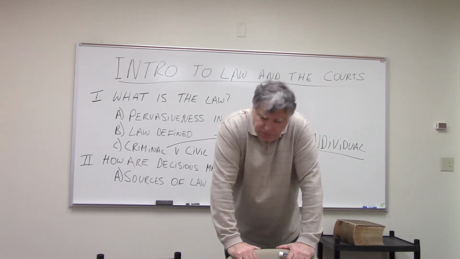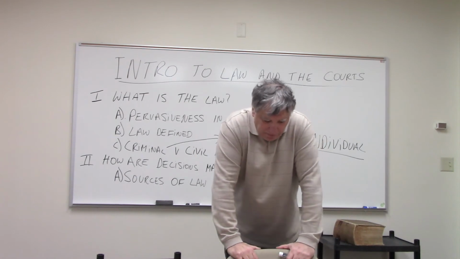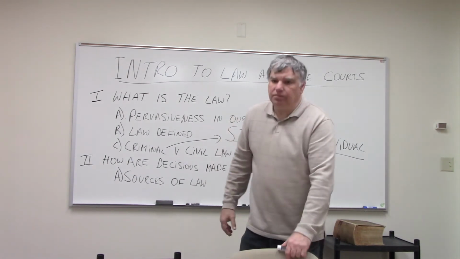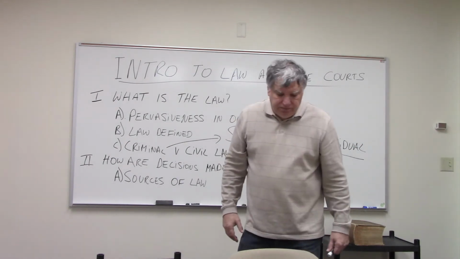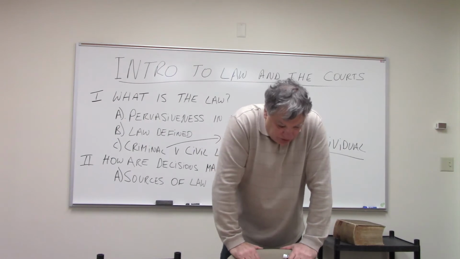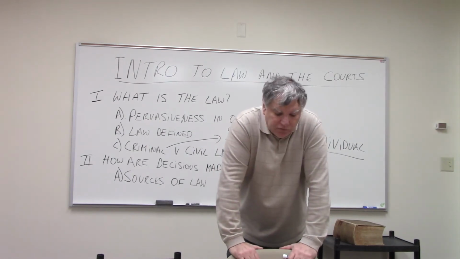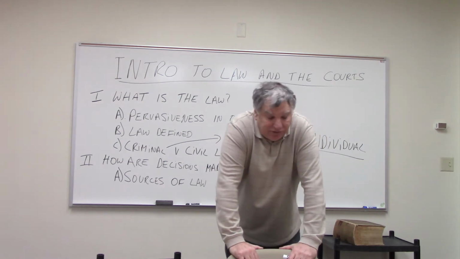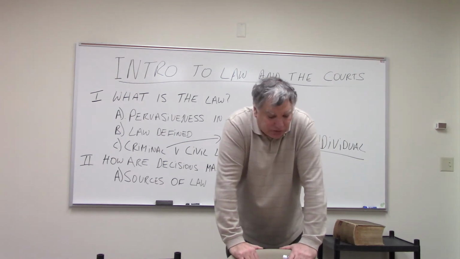Civil law is different. Civil law deals with private disputes. In other words, it addresses disputes between individuals. When we talk about private disputes, we could be talking about things like violation of a contract between two individuals.